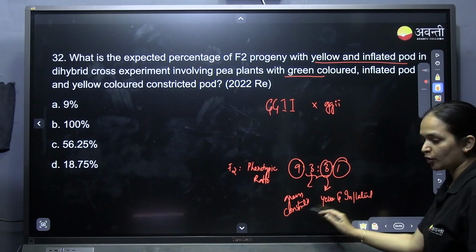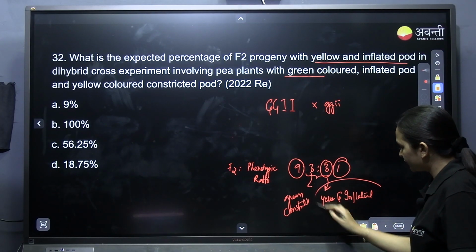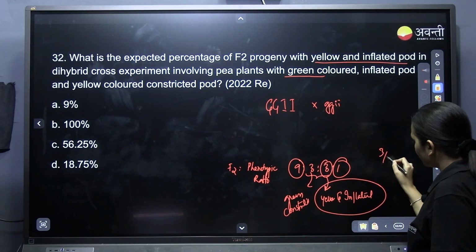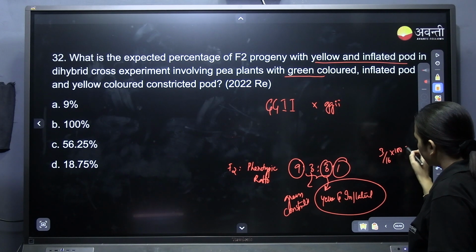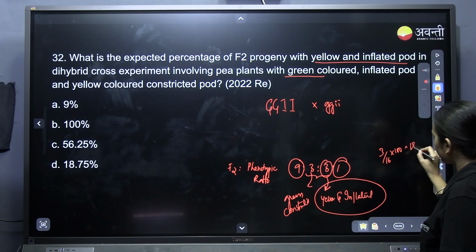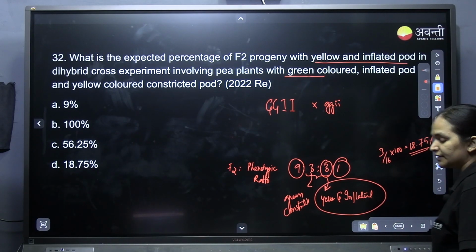These two are the recombinant combinations. So we got 3, 3 by 16 into 100, if you do, it is 18.75%. D is the correct answer.